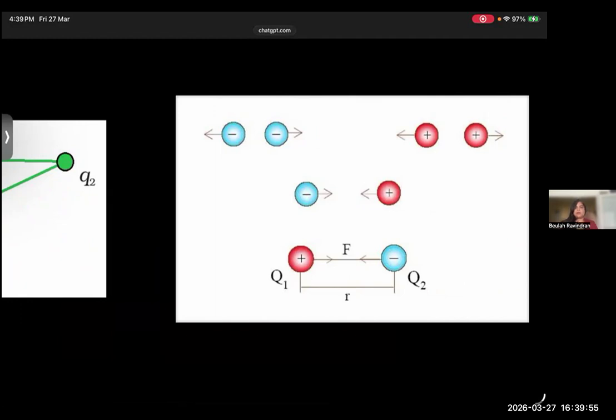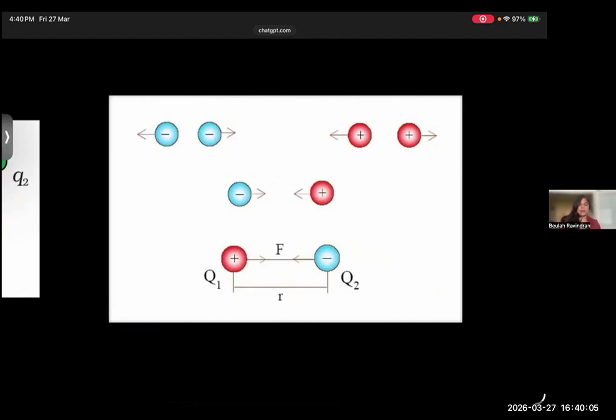It depends on how charges interact with each other, negative-negative or positive-positive. So if both the charges are negative-negative or positive-positive, then Q1 Q2 is greater than 0, the product is greater than 0, and the forces are repulsive, everything we saw. Here also it is the same, and I can make you understand all these steps.